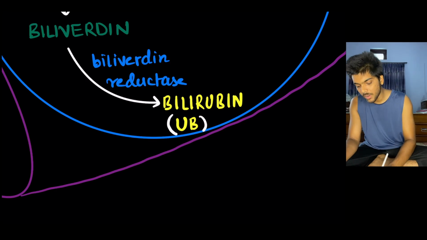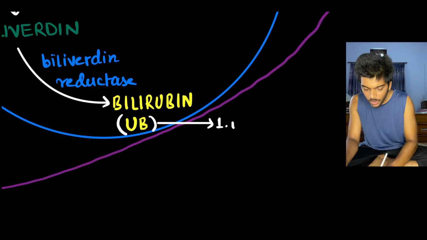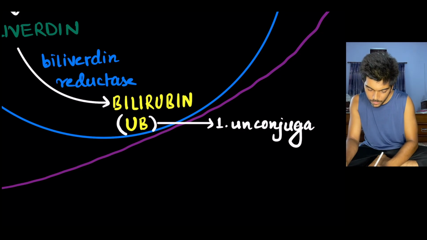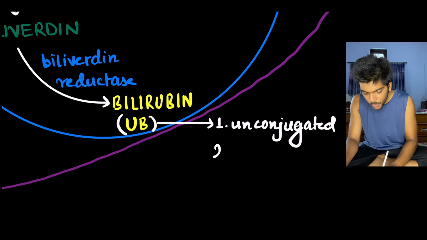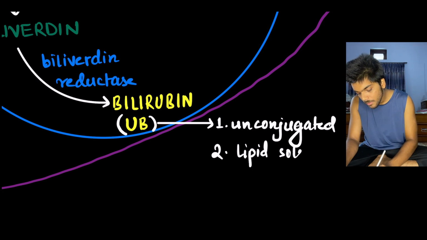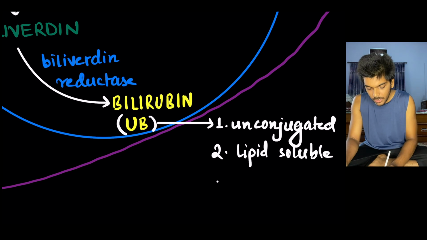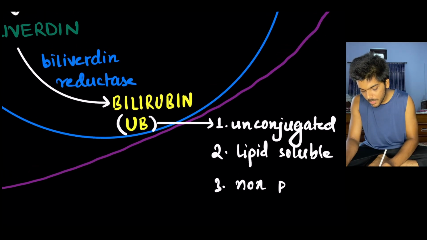Few properties of unconjugated bilirubin. Number one, it is unconjugated. Number two, it is lipid soluble. Number three, it is non-polar.